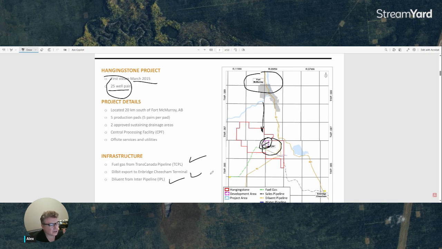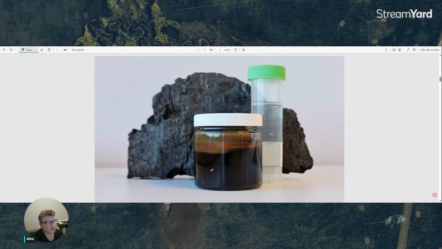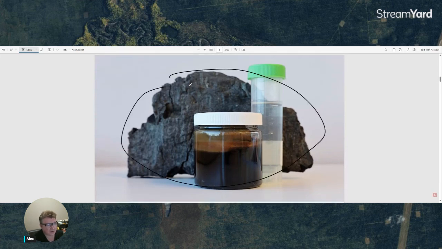diluent from Inter Pipeline. So this is what our oil looks like, right? It's kind of like a hockey puck in situ. It's very heavy oil, very difficult to produce, and that's why we use a steam-assisted gravity drainage process to drain that oil.